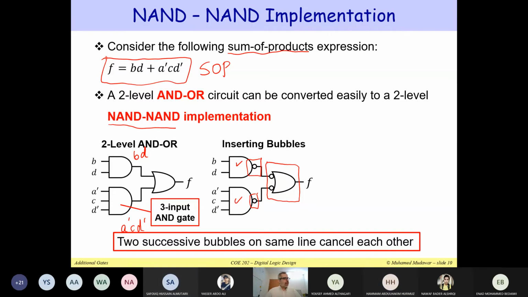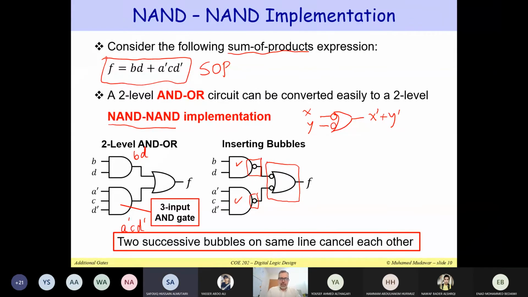Exactly, it's a NAND. Thank you very much. Notice that when I draw an OR gate and introduce bubbles at its inputs, it's like inverters. So if this is X, this is Y, the output will be X prime or Y prime. So what we have done is that we have inverted the inputs and then we OR.